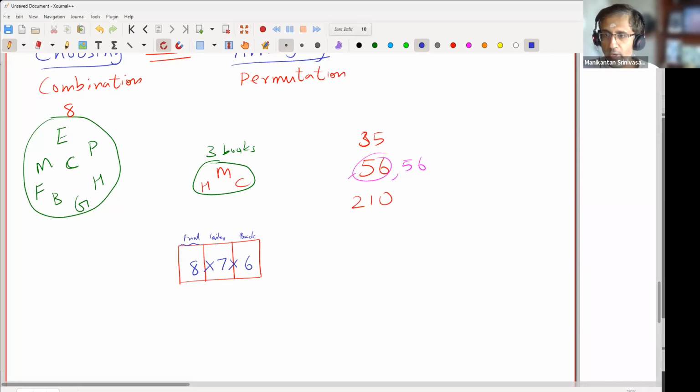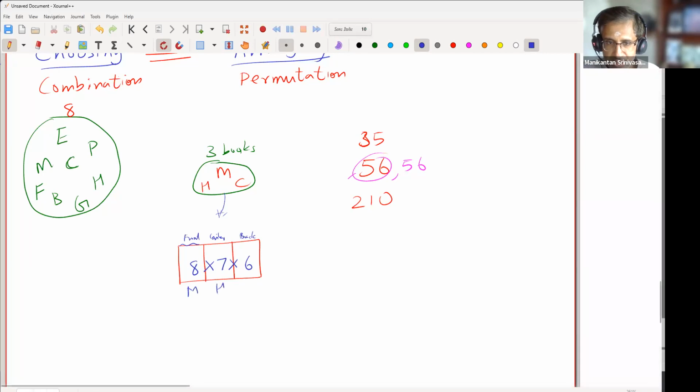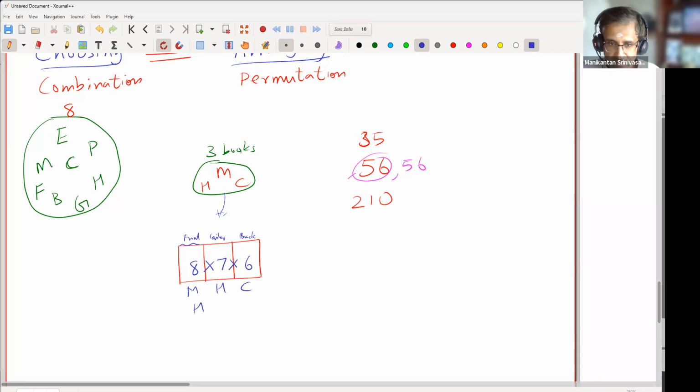But now what Akrit was telling is, my bag is not a very arranged bag. It's just a collection, right? There's no concept of arrangement, which means whether my books are placed as MHC or HCM or CHM and a few more like this, they're all actually the same combination.